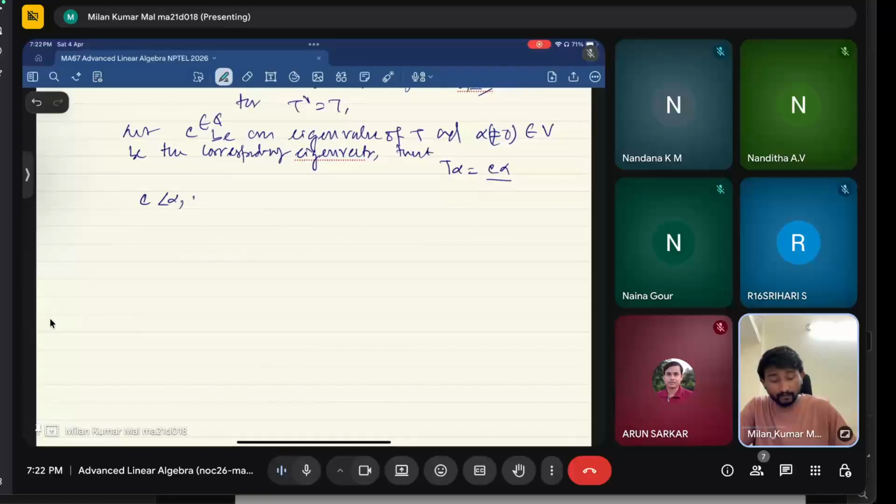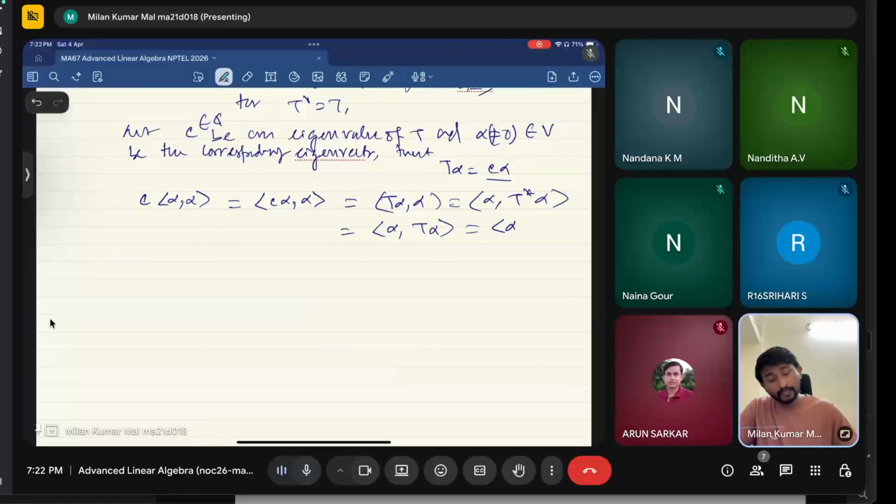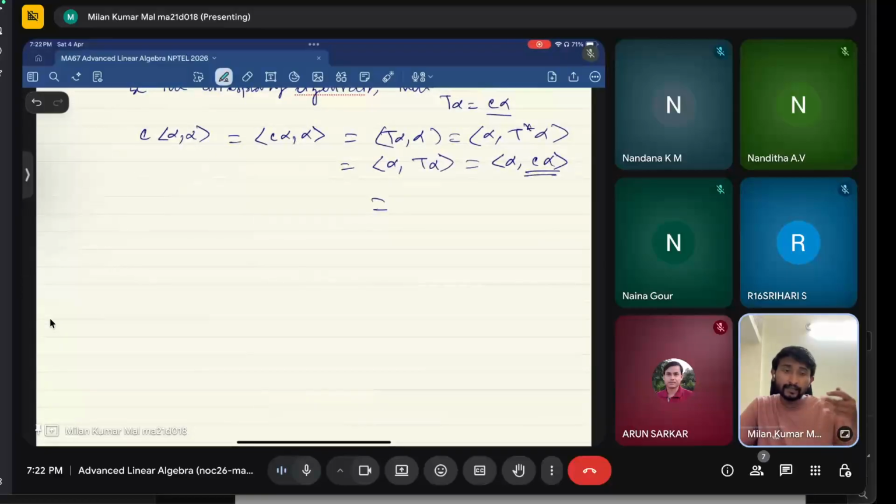This is a very standard method. Now we know the linearity of the inner product. We can write the inner product of C alpha and alpha. First C will go directly out, and we know C alpha equals T alpha, so it is the inner product of T alpha and alpha. Now using self-adjointness, we can write this as the inner product of alpha and T alpha. But we know T alpha is actually C alpha. Now C is in the second place. Using the conjugate linearity in the second place of the inner product, this will be C bar times the inner product of alpha and alpha.